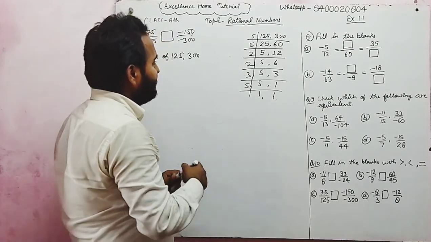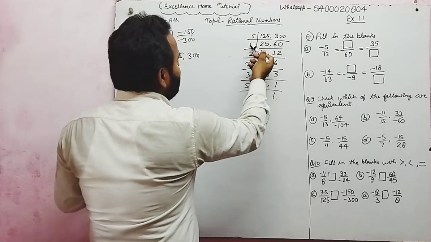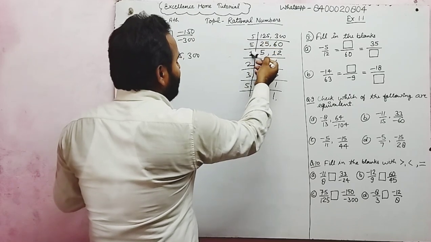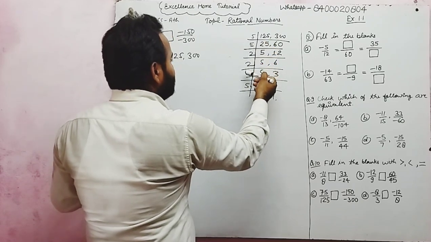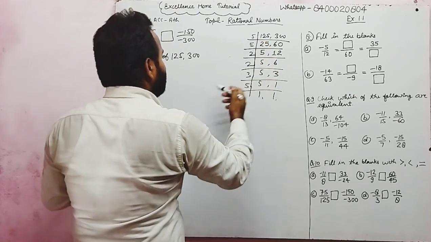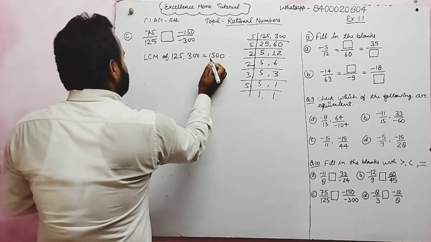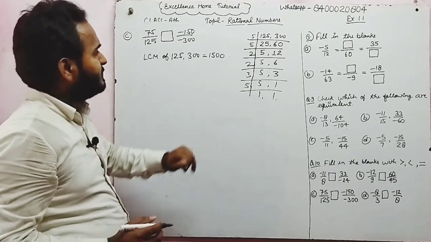So the rule is different from this. 5 fives are 25, 25 twos are 50, 50 twos are 100, 100 threes are 300, 300 fives are 1500. So we have to use this.